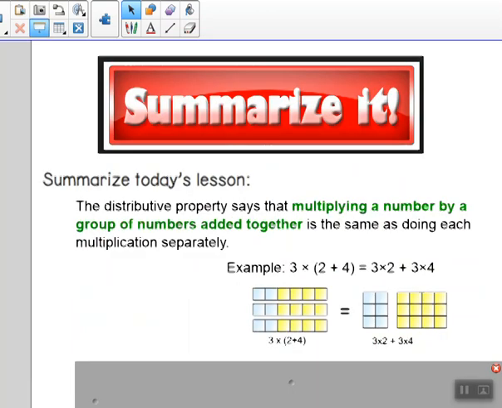So the summary for this right here is what you want to write down now. The distributive property says that multiplying a number by a group of numbers added together is the same as doing each multiplication separately. For instance, if the example here is 3 times 2 plus 4, that's the same as 3 times 2 plus 3 times 4.